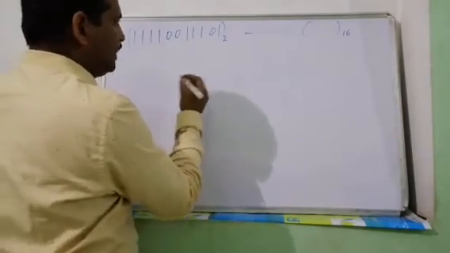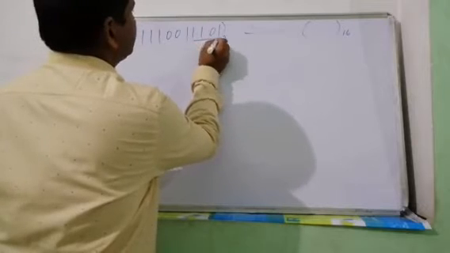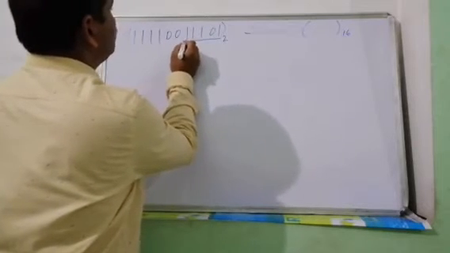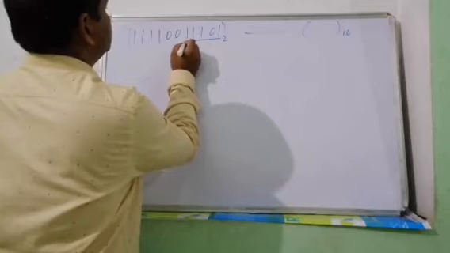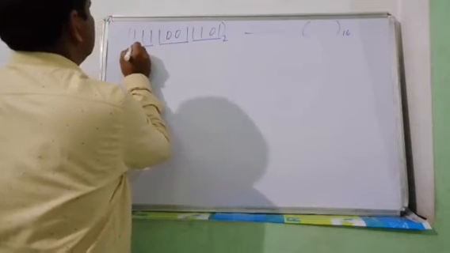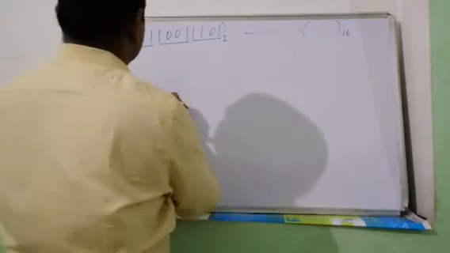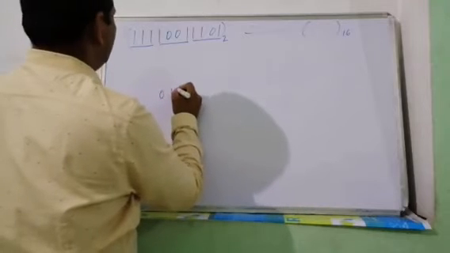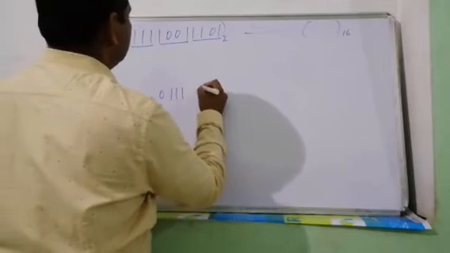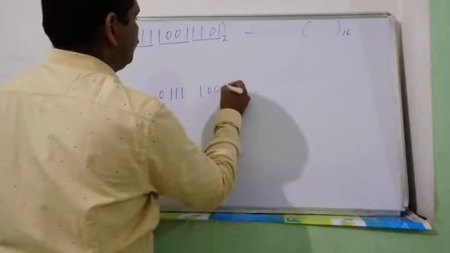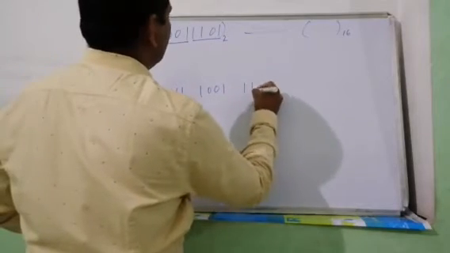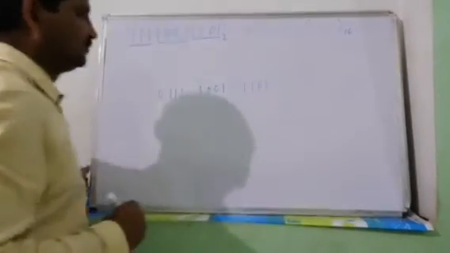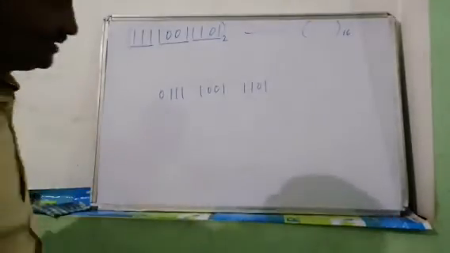Make the groups from this side, 4-digit groups. 0111 1001 1101. So we have made groups of 4 digits.